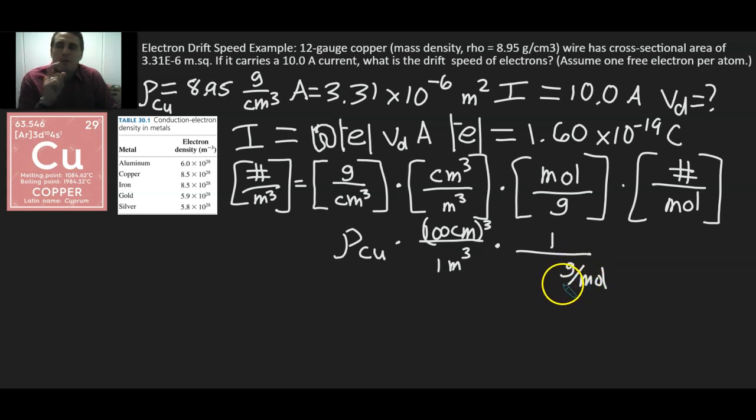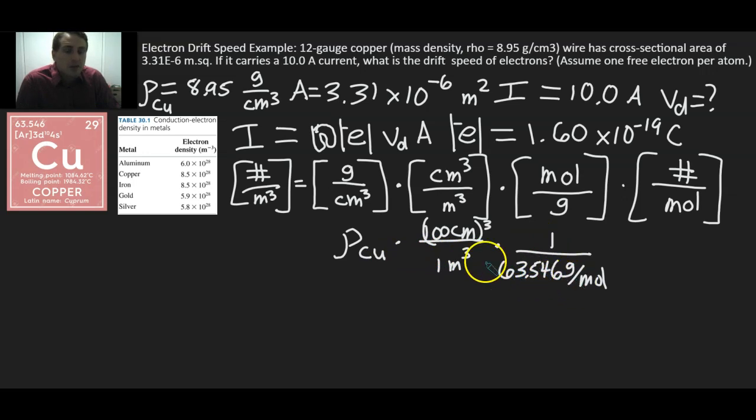And grams per mole, via chemistry and looking at specific elements, grams per mole is exactly the atomic weight, or the atomic mass, really, of an element. And we can say that the atomic mass of copper is about 63.546.